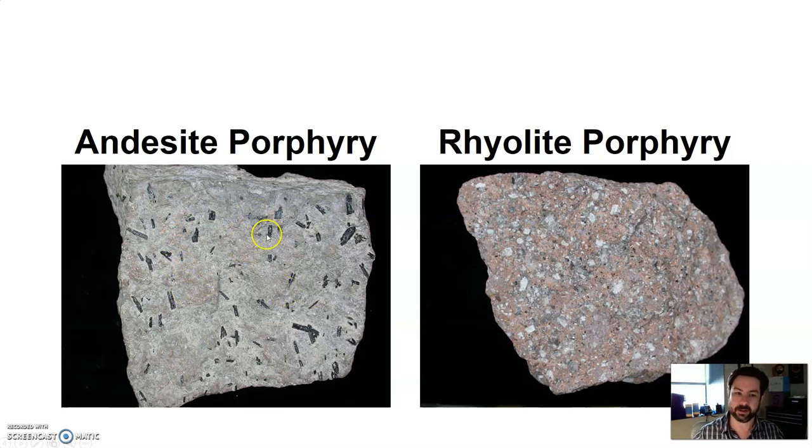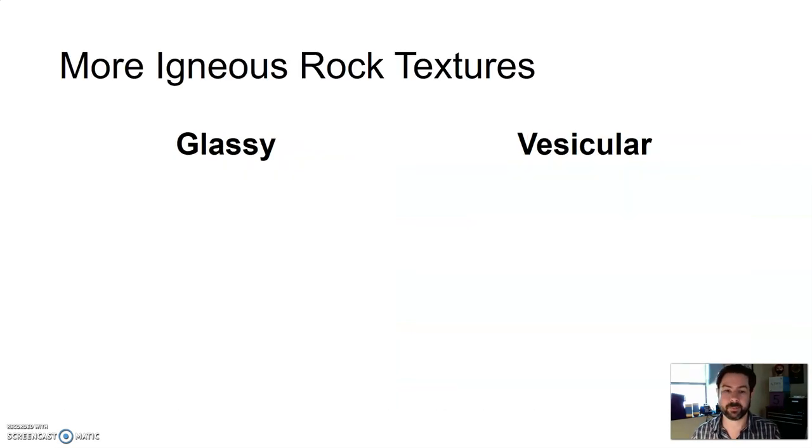So you get this mix of small and bigger crystals, and this would be andesite porphyry. So we have aphanitic, phaneritic, porphyritic, and you can pick up an igneous rock and say, oh, because of this texture, this is a story. So these rocks tell a story.